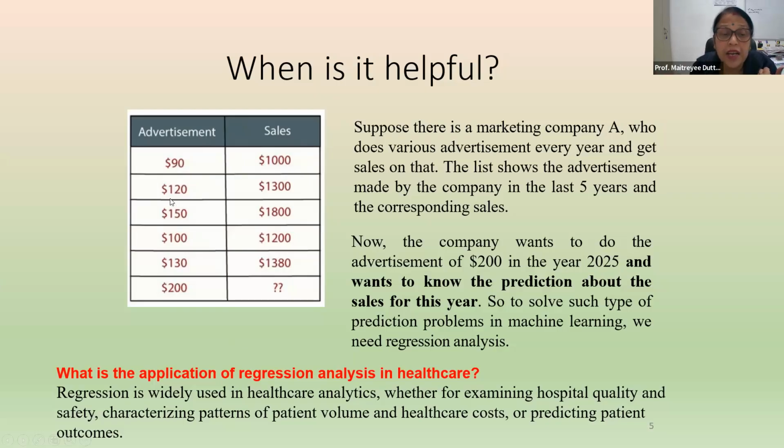Then if you are spending only $120 on advertisement, you are getting sales of $1,300. Like this, if the advertisement cost is $200, right, then I want to know what will be the prediction of my sales for this year.